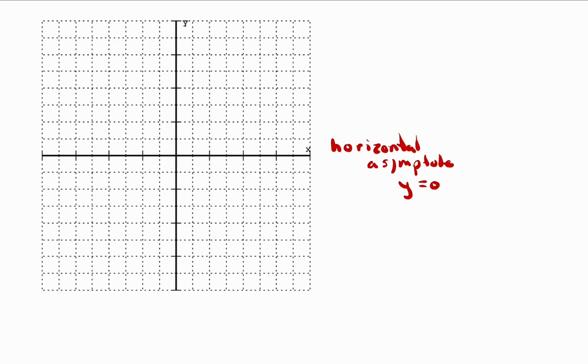So right through here, we are not going to be able to touch that line. That's an asymptote. And then we're also going to have a vertical asymptote, x equals 0. So again, right through here, we'll not be able to have a point on our asymptote.